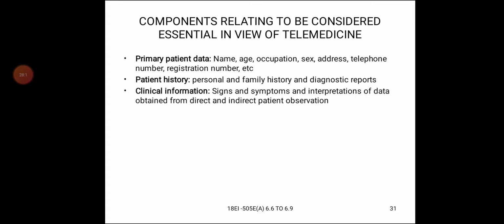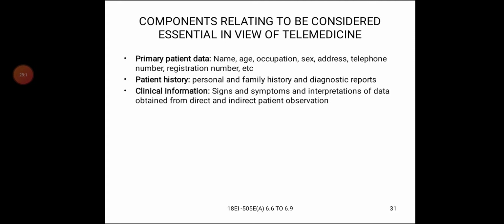The components to be considered essential in view of telemedicine: primary patient data, name, age, occupation, sex, address, telephone number, registration number, etc. Patient history, personal and family history, and diagnostic reports.